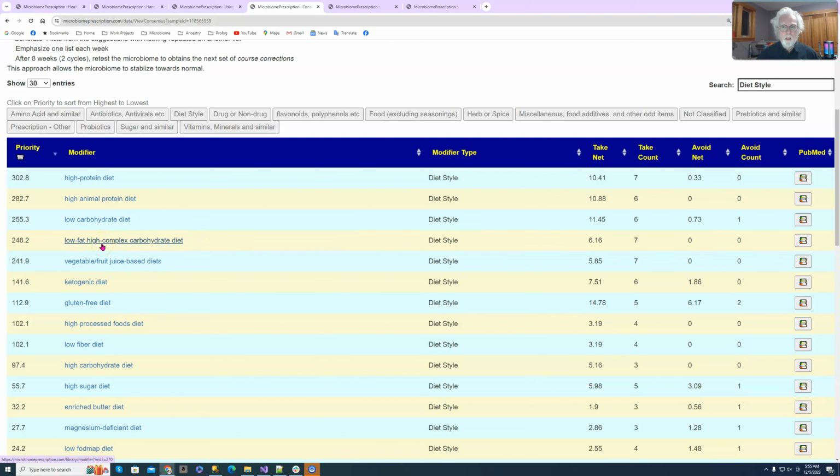One thing to understand is the terms come from studies. These are the terms that studies use, and sometimes they can be very close, but the study actually has significant differences, as in what went into a low carbohydrate diet and what went into a high complex carbohydrate diet, which leaves people having to struggle trying to figure out how to interpret it.